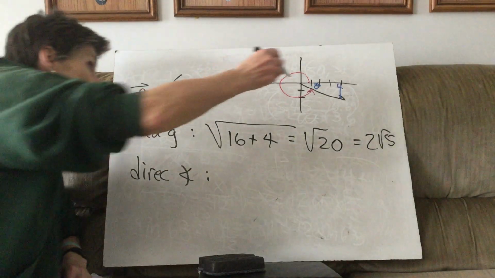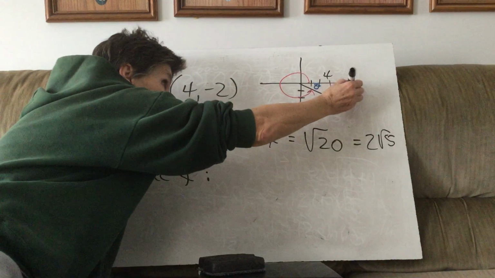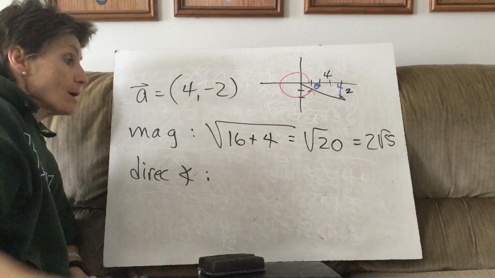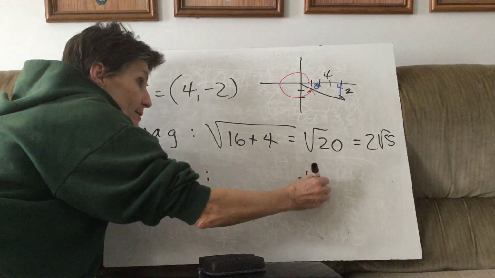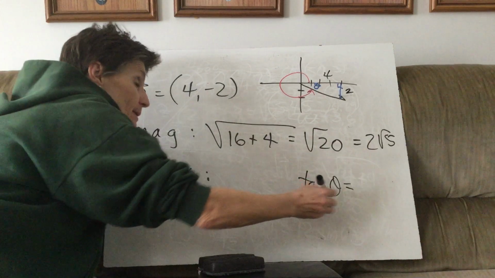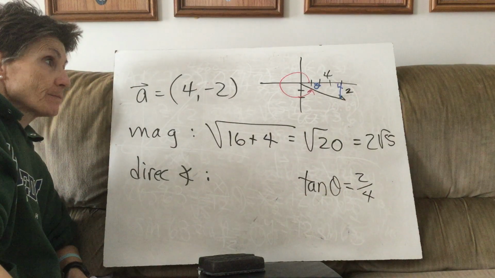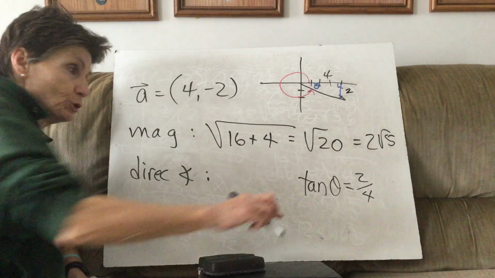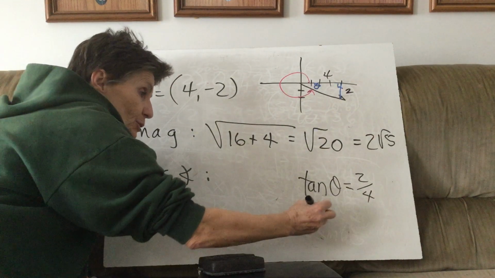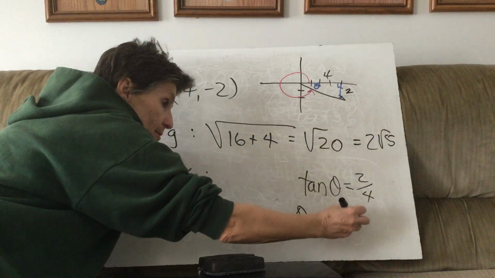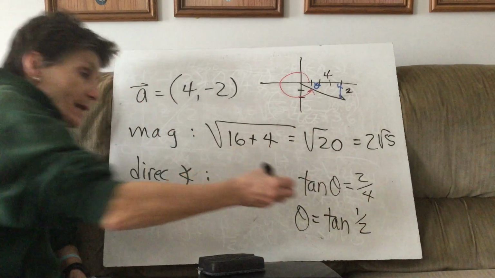Now I know this is 4, and I know this is 2. So I know that the tangent of that blue angle is 2/4, or 1/2. So to find the blue angle, I'll do second tangent 2/4 or 1/2.